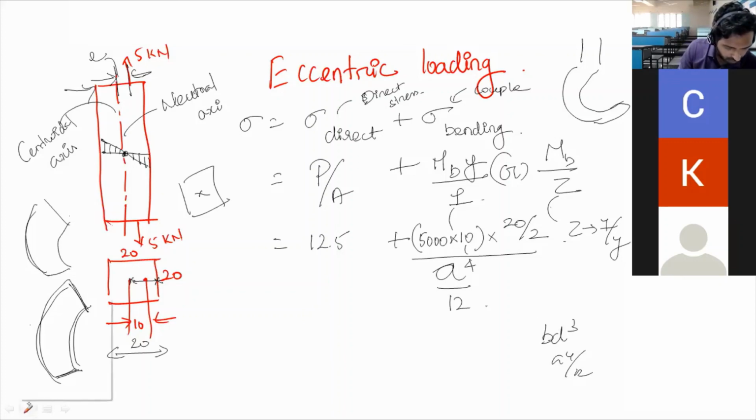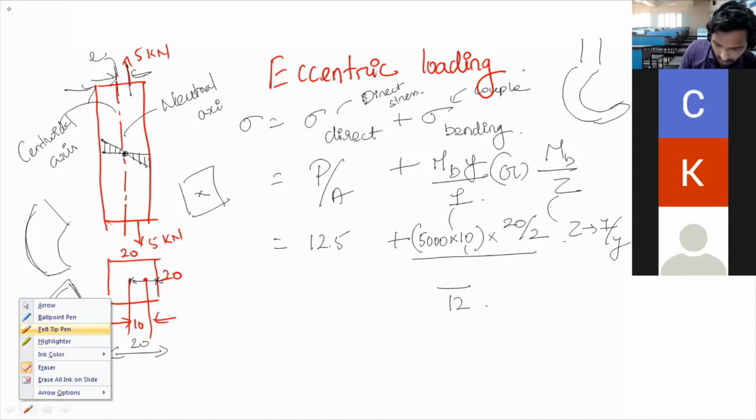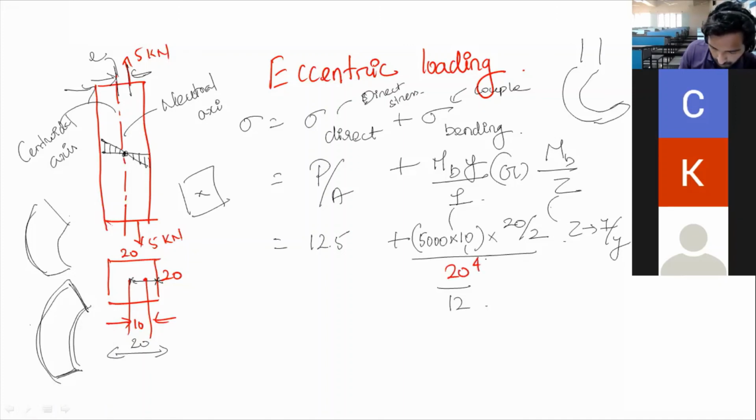Easy now. Come on, solve for this sum. We have taken the formula, so now we can directly solve. In this case it is 20 power 4 divided by 12.